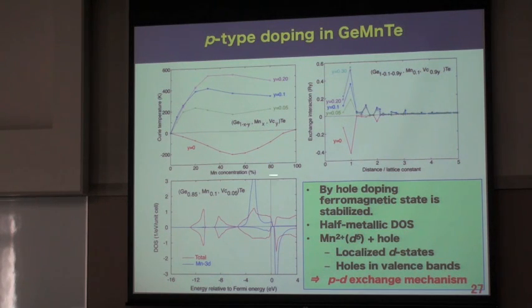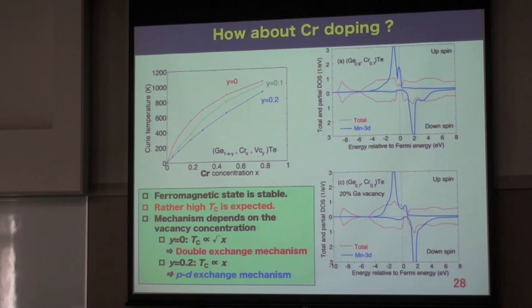This is the manganese concentration like this. In this material, we can dope very high concentrations of manganese, and we can reach a very high TC very easily. But the best candidate is chromium. In the chromium case, you can see the chromium 3D state is around here. Then if you dope 20%, with germanium vacancy, you have P-type doping. In this case, the Curie temperature increases dramatically.